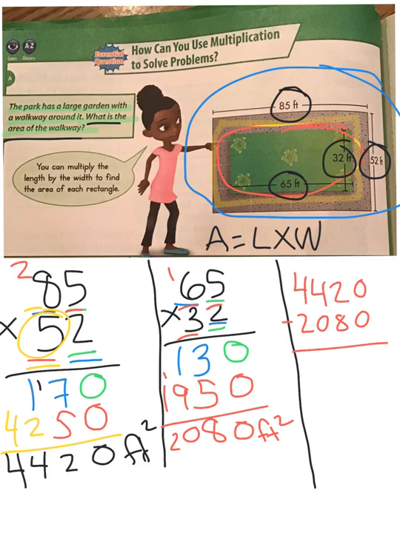Just subtract. 0 minus 0 is 0. We cannot take 8 from 2, so we need to go next door and regroup. 12 minus 8 is 4. 3 minus 0 is 3. And 4 minus 2 is 2. So we have a total of 2,340 feet squared.